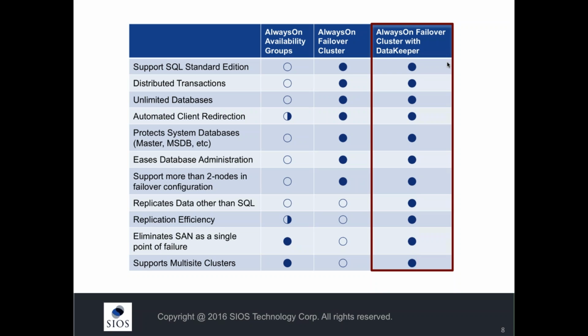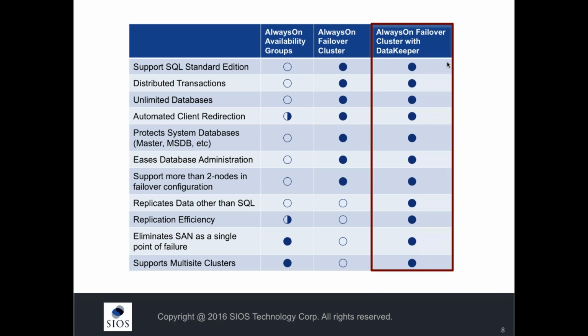I do have a slide, the next slide here, that talks about replication performance and efficiency, but you're going to see better replication, you're going to see better performance with a SANless cluster like this. Availability groups is generally going to impose more overhead when you're dealing with synchronous replication and slow down your database more than a DataKeeper-powered SANless cluster here. Okay, so those are some of the primary differences.